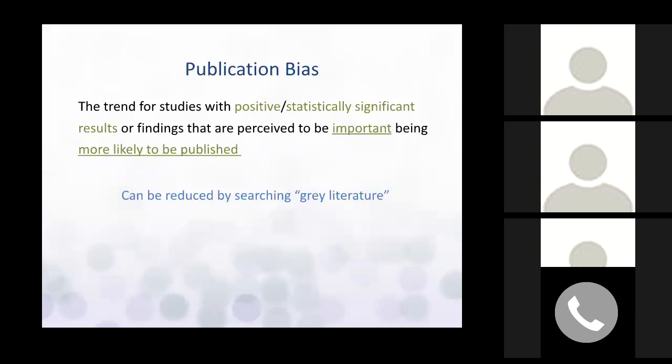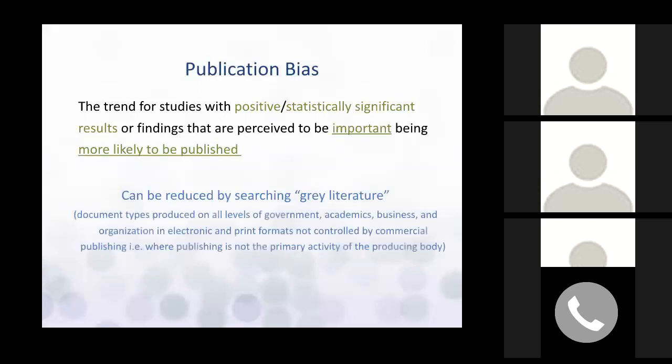One way you can do that is by searching grey literature, so stuff that isn't inherently publishable per se in a peer-reviewed journal. These are produced by all different types of authors in different organizations, and they're produced in ways that are free, if that makes sense. So you're not paying a fee to publish it in a journal.